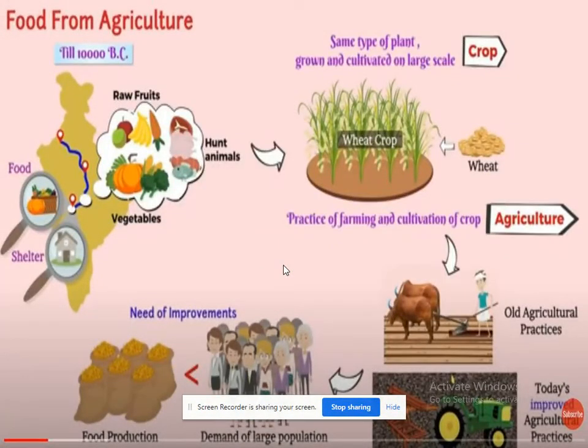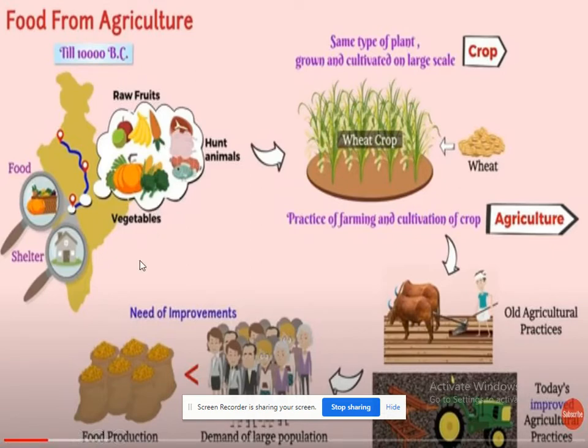Next, let us clarify about food. Till 10,000 BC, people were in search of food and shelter. They were finding raw fruits, vegetables, or hunting animals, and they were having these things as their food for their growth and maintenance.